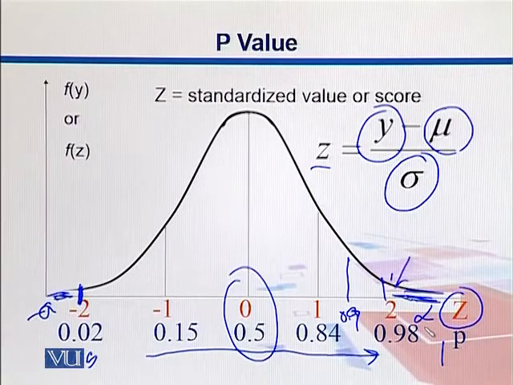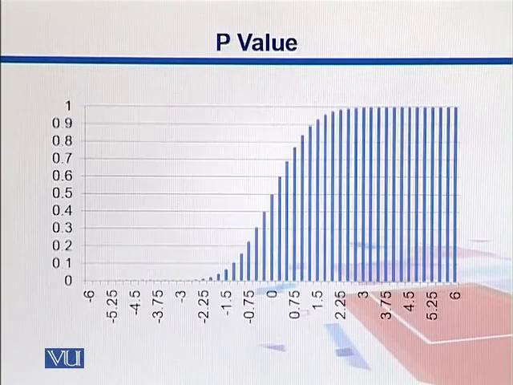Any values whose probability is in the upper 2%, greater than 0.98, we call significant events. Here, less than 0.02, these are significant events. We observe some events, come up with some Z scores, and try to get the probability of those Z scores. So let's elaborate that with another curve.